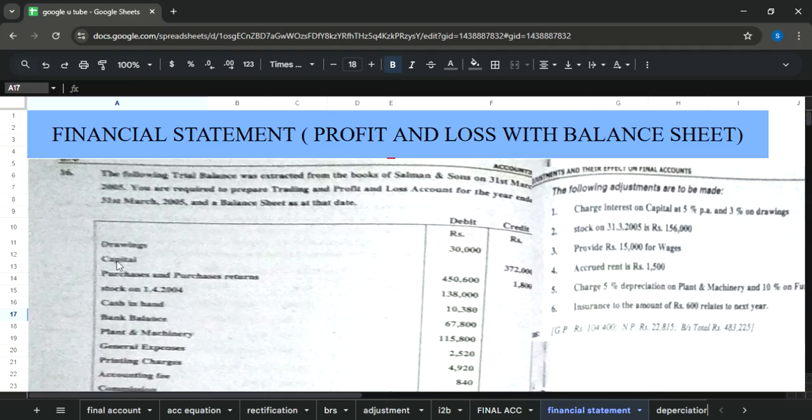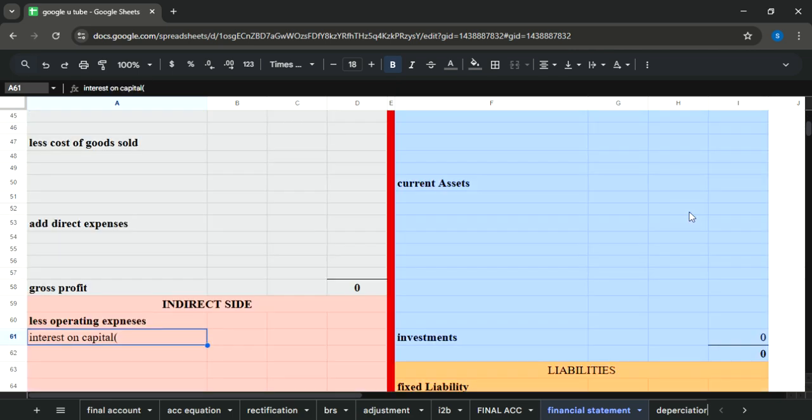On the second line, you can see this is your capital, and the amount mentioned is 372,000, while interest is 5%. So here you will write 372,000 and multiply it by 5 divided by 100. This way your interest on capital has been calculated.